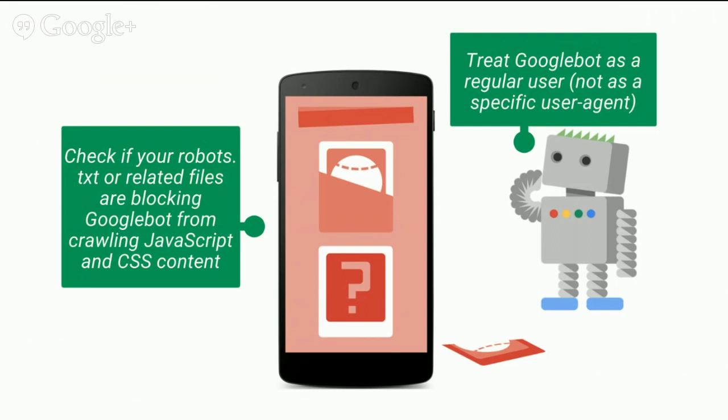In particular, if you're doing Googlebot-specific targeting, or generally speaking, if you're showing Googlebot different content than you're showing your users, it can be in violation of our webmaster guidelines. But you may also be unsuspectingly giving Google the wrong message that your page is not mobile friendly. So it's a general practice: let Googlebot see your page as if it were a user, and make sure that Googlebot can crawl your JavaScript and CSS files.